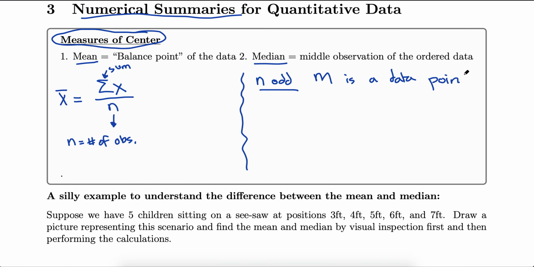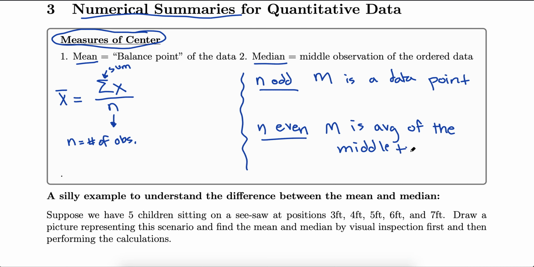If you have an even number of observations, so n, the number of observations, is even, the median is going to be the average of the middle two. Median is average of the middle two observations. Excuse me, you'll notice I'll be using this for abbreviating observations throughout the notes here.